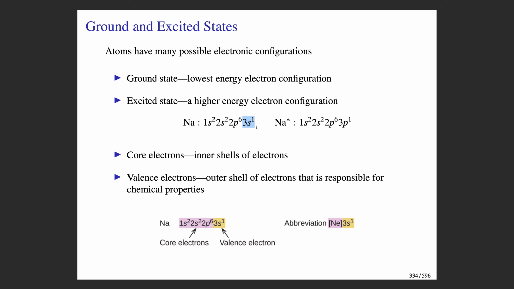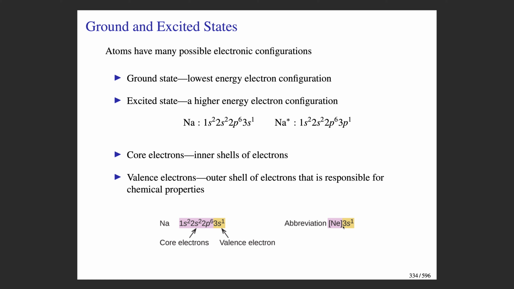Oftentimes, we will not even bother writing the core electrons, and we will use this core notation here, where the [Ne] in brackets means that the core electrons of a sodium atom have the same electronic configuration as the ground state of a neon atom.